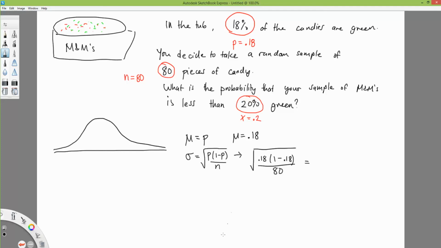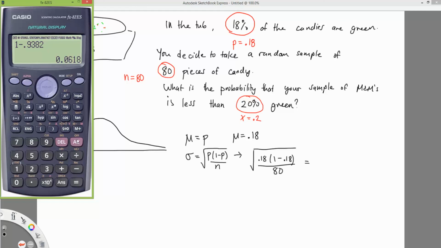Let's make sure your calculators are working. So I'm going to do 0.18 times, and I'm going to put in parentheses 1 minus 0.18, divided by 80. Okay, and I hit enter there, and I get 0.001845.